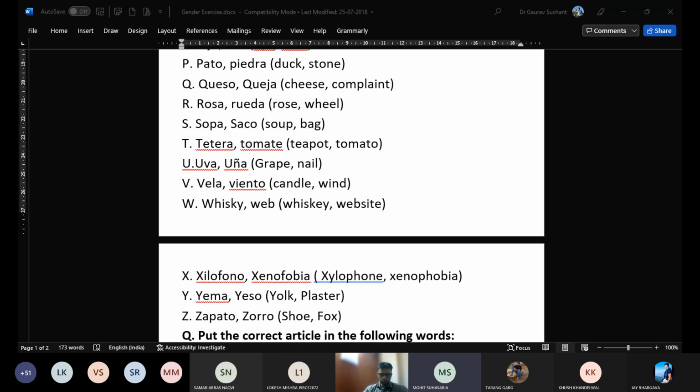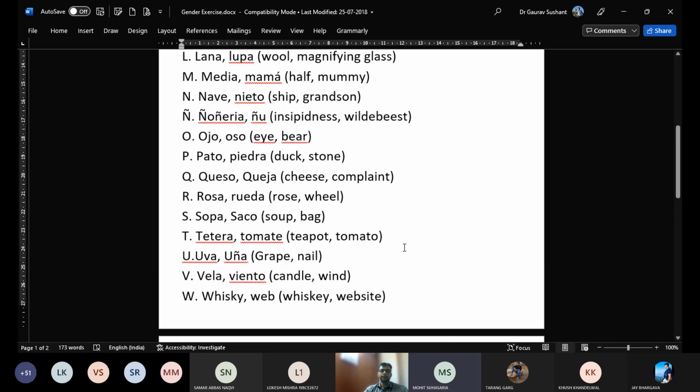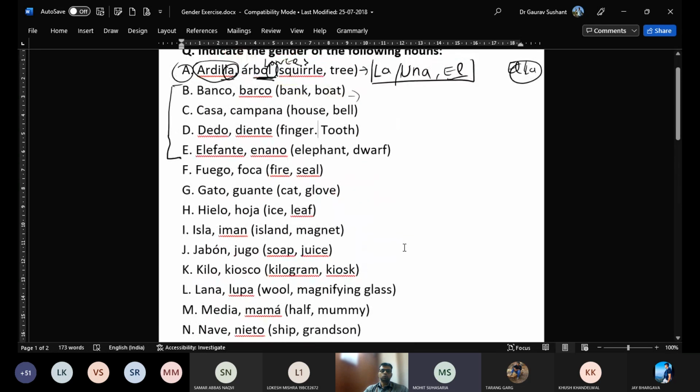Fine. So first is already done, A. Okay. So the next four, from B to E, I will ask one person to respond. So Khush, can you tell me the answer from B to E? Khush Khandelwal.